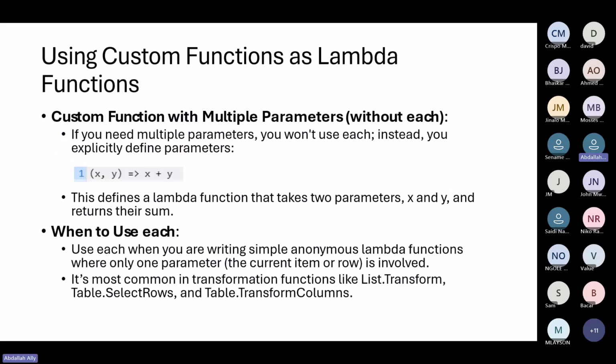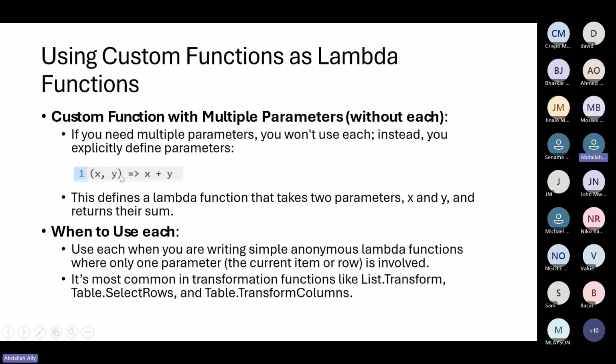When your lambda function has multiple parameters, as we have already discussed, you don't use each. You define those variables or parameters. The way you do it is you say x comma y, or any other variables. You can say a comma b, then a plus b. This is a simple function that just sums the two numbers. You can use any variable names here, like x comma y, which is very popular.